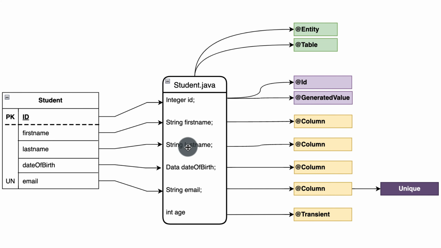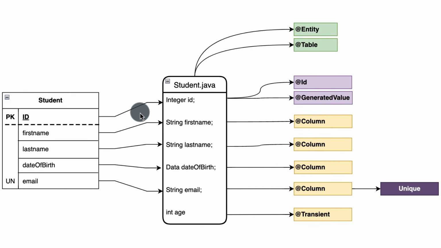In order to transform this object into a table, we need to have a column for the student table called ID, first name, last name, date of birth, and email. And the email I want to be unique, and the ID I want to be a primary key and auto-generated.